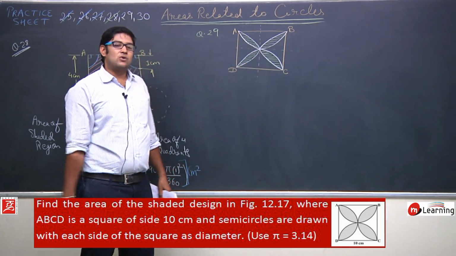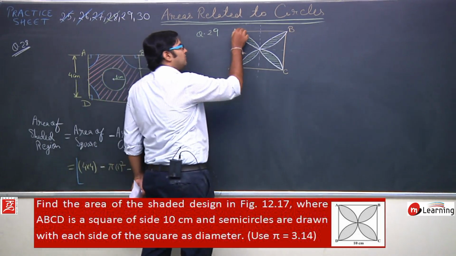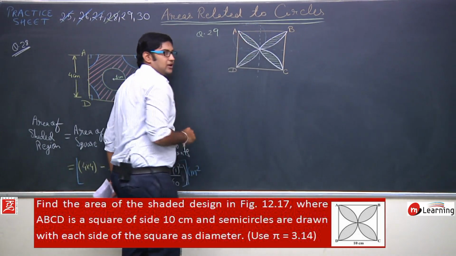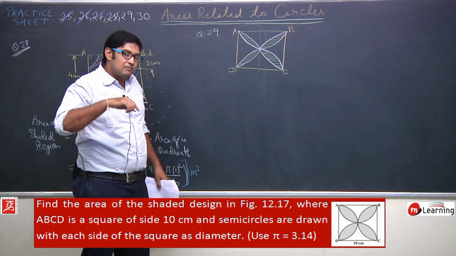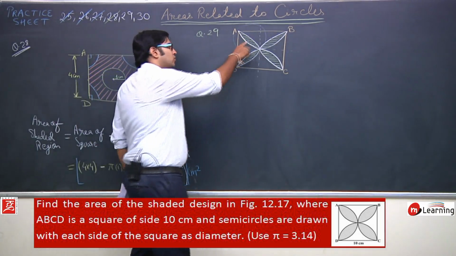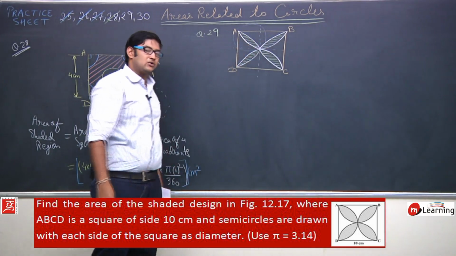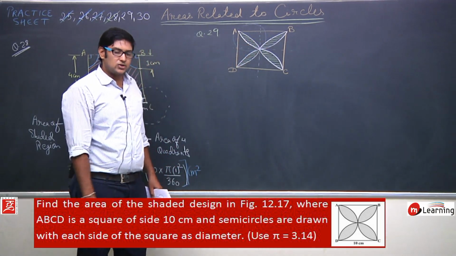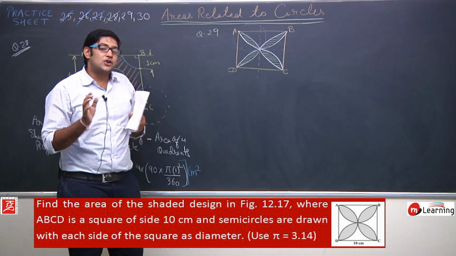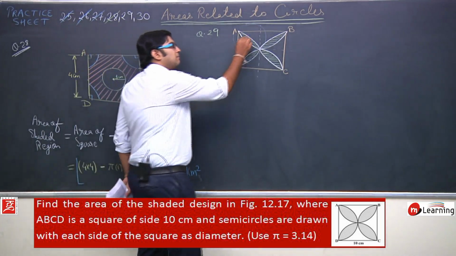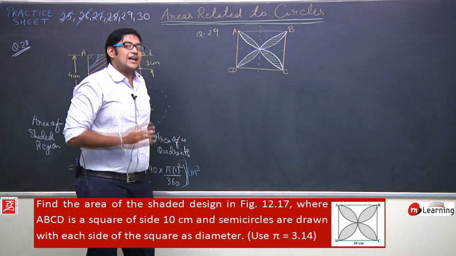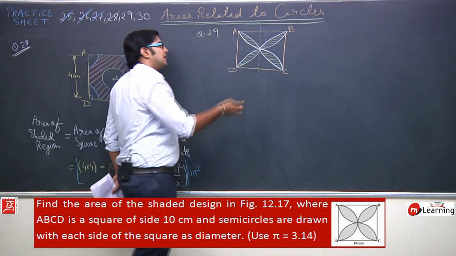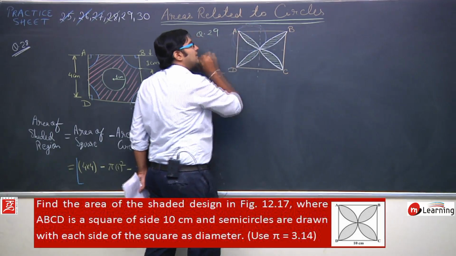So if somehow I calculate the area of any one leaf, I will multiply that area by 4 to get the complete area. So my task here is not to determine the complete area of these 4 leaves, rather my task is to determine the area of any one leaf.